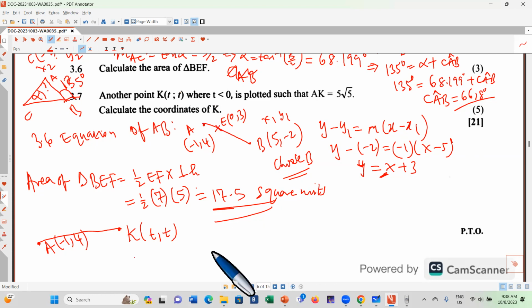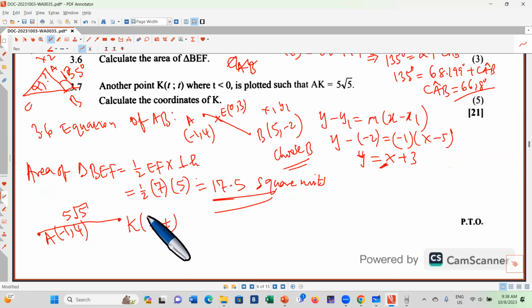We know the distance between A and K is 5 square root of 5 units. That is the distance between A and K. With that said, we are in a position to just solve this question. So it means the distance AK is 5 square root of 5.